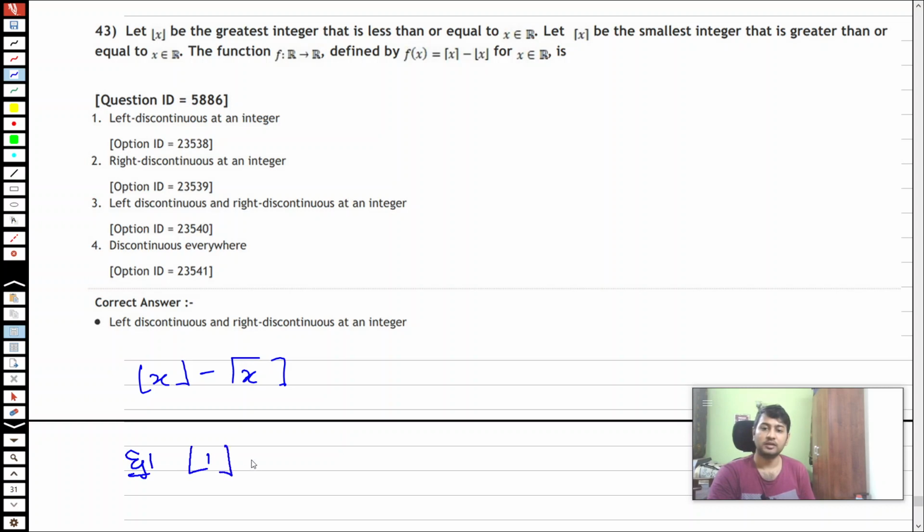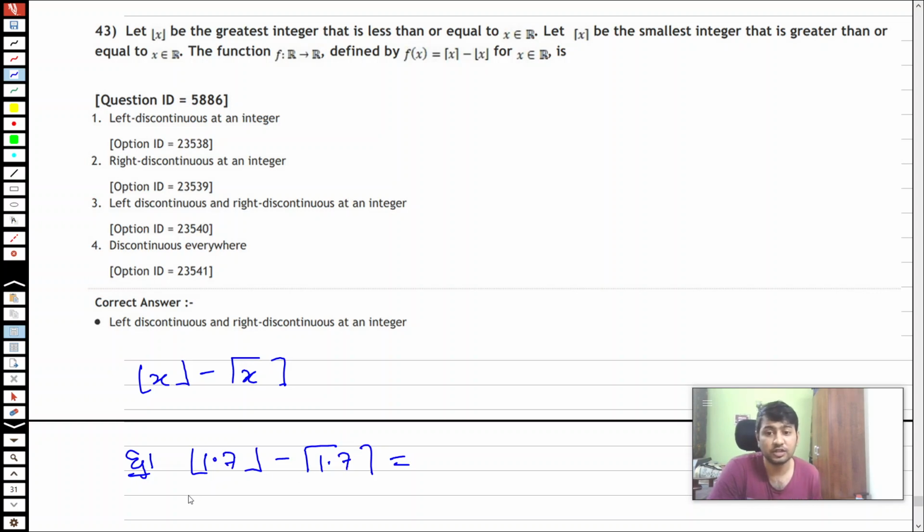Let's do this with an example. For integer values, both of these will be equal to x, and so that will cancel out. Let's take 1.7.